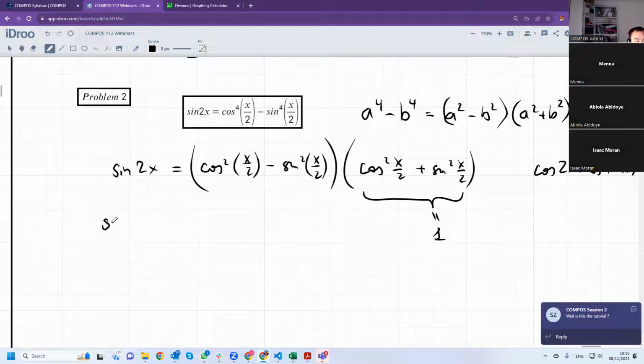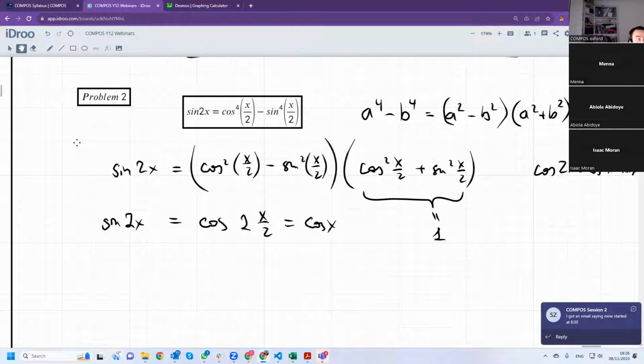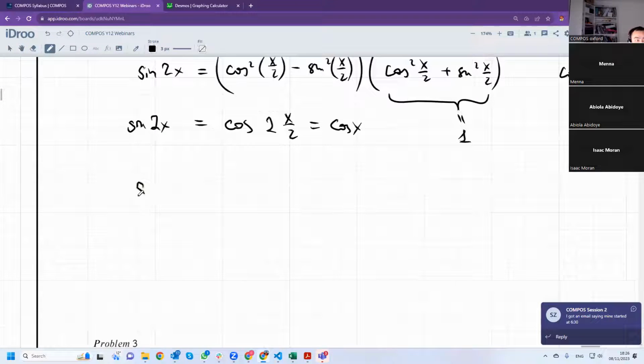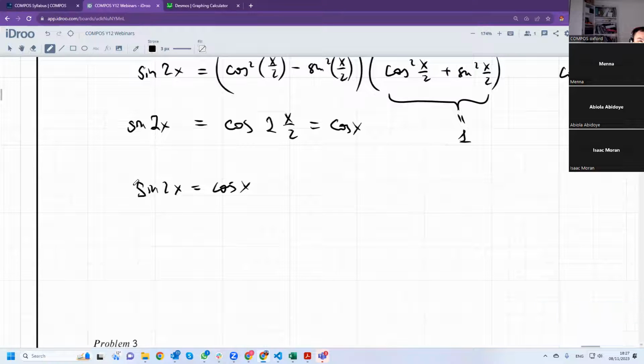So here we have the cos of double that angle, so this is cos of double x over 2, which is the same as cos x. Now, sine 2x is equal to cos x. We need to make it simpler. To do that, we simplify sine 2x. You get 2 sine x cos x equals cos x.